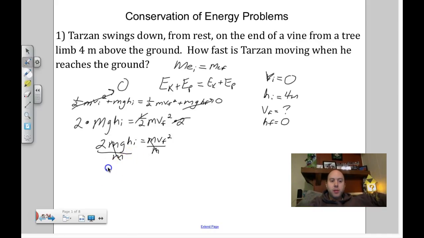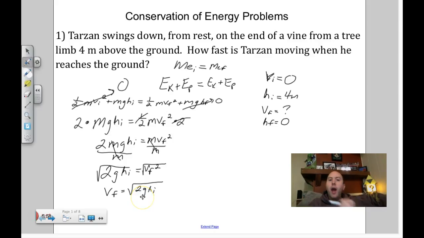So now that gives me 2 times gravity times the initial height equals final velocity squared. Last step, how do I get final velocity? I square root both sides. So my final equation is the square root of 2 times gravity times the initial height.